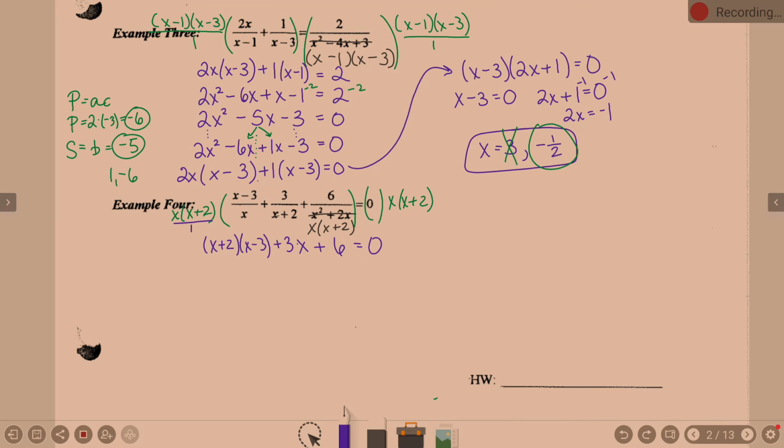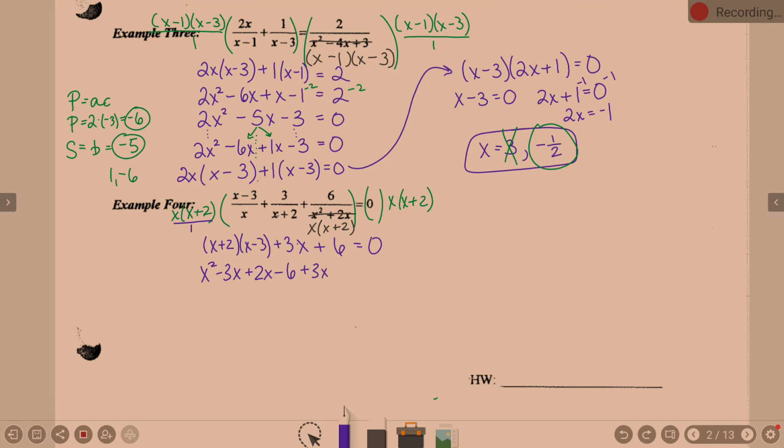Okay. What do I have to do with x plus 2 and x minus 3? We're going to have to distribute or FOIL. So x squared minus 3x plus 2x minus 6.